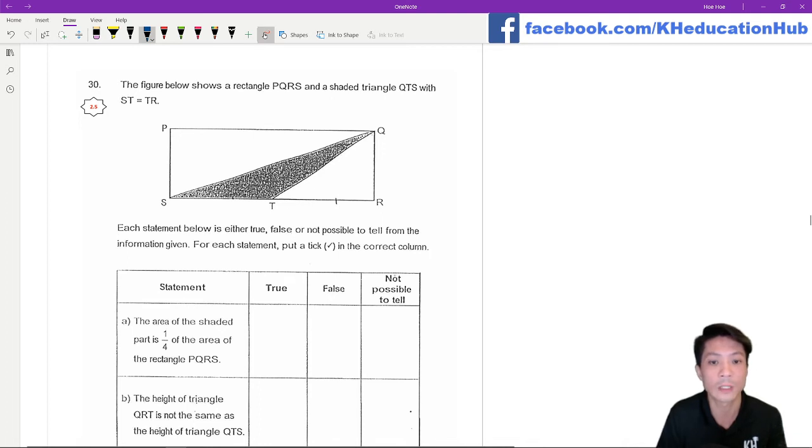Because this triangle has got a base over here, and this is the height. Now if we shift this point to over here, the triangle is going to become like this.